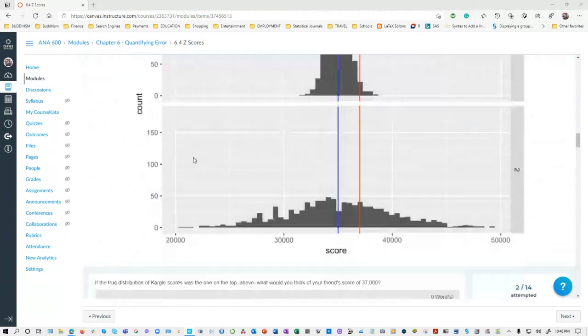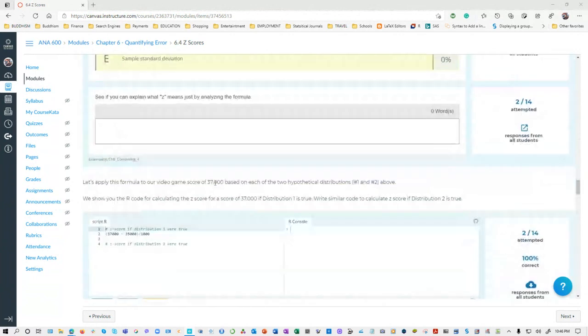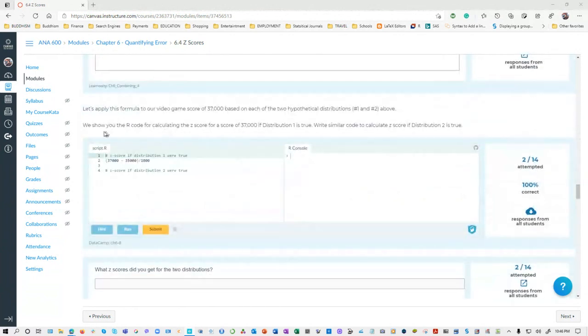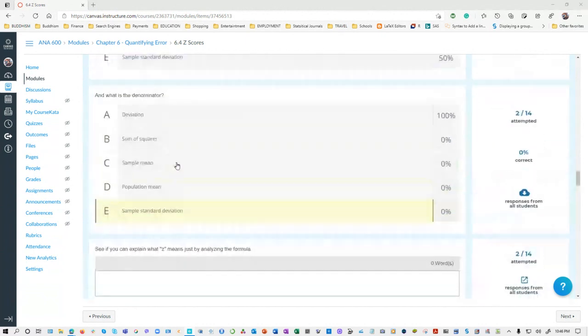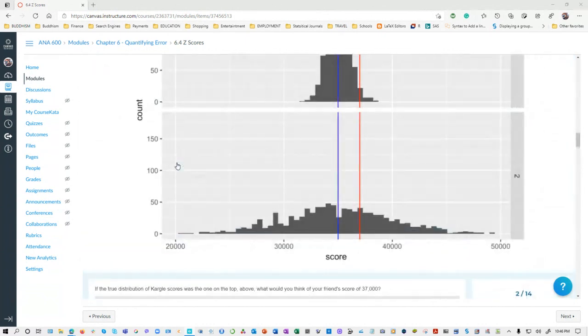In one case the standard deviation is 500, and in the other it is 1,000.